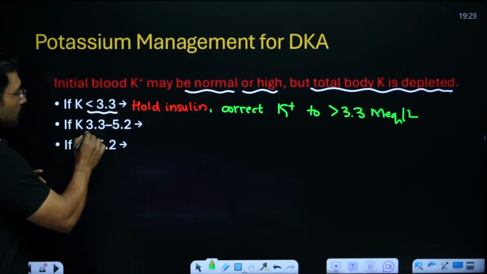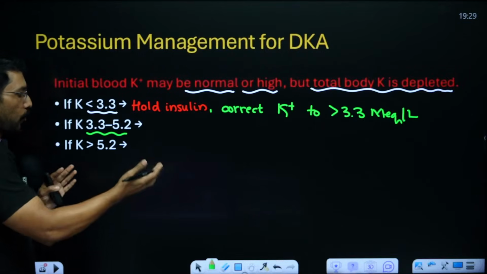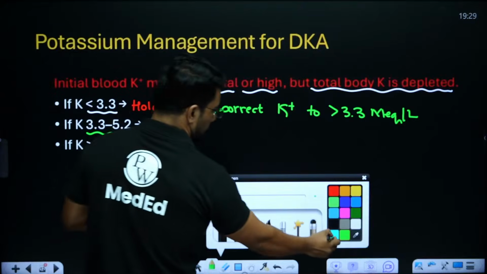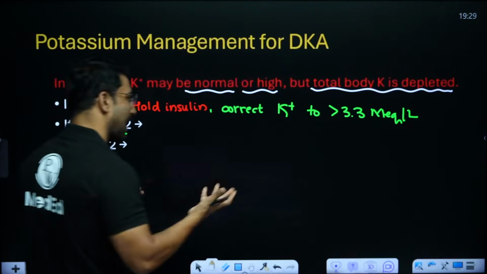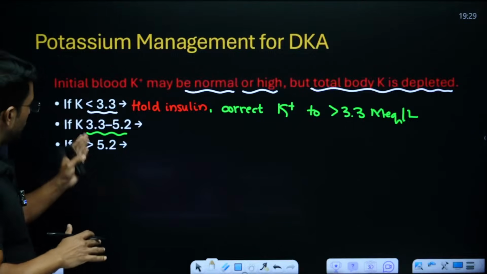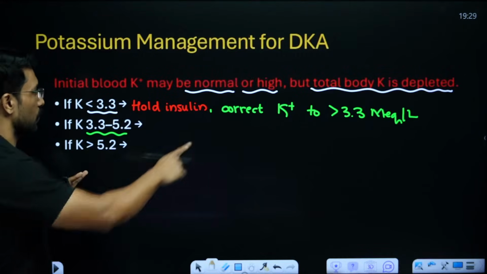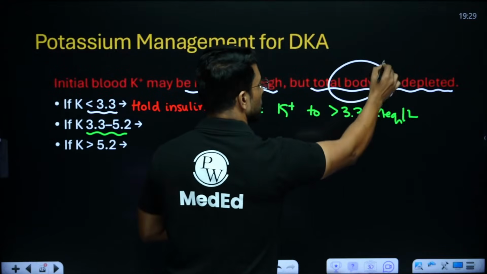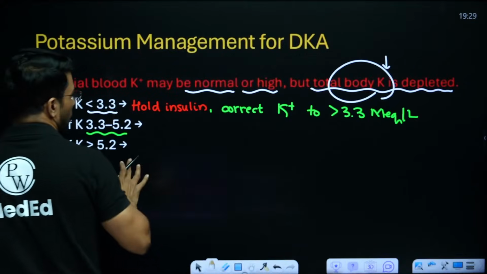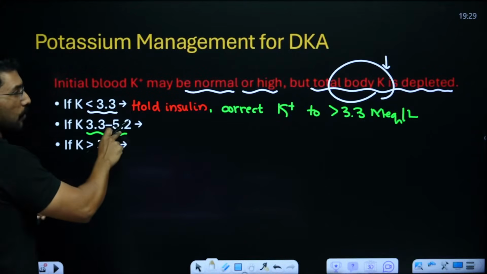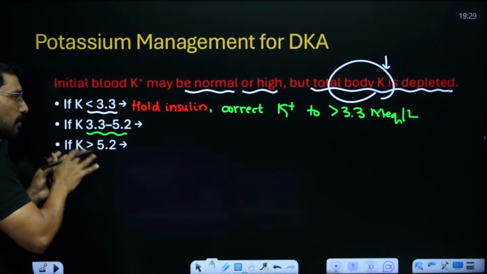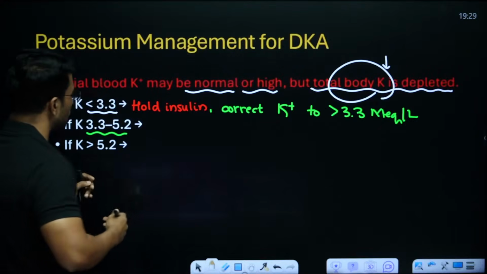But if it is in the range of 3.3 to 5.2, then we have to give insulin as well as potassium, because I have already told you their total body potassium is decreased. It's not normal, even if their blood value appears to be normal. So I have to keep giving them potassium to fill that total body deficit.